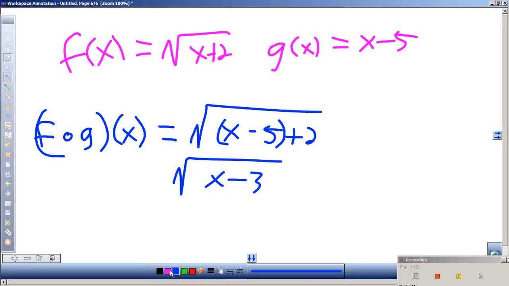Okay. So if we talk about the domain, what's the domain of this one? Negative 2 to infinity. What's the domain of this one? Okay. What about this one? So this one says 3 to infinity. So which thing do we use for the domain?